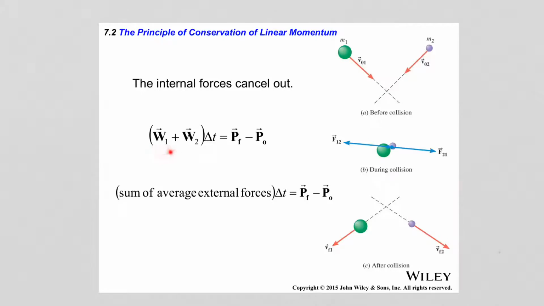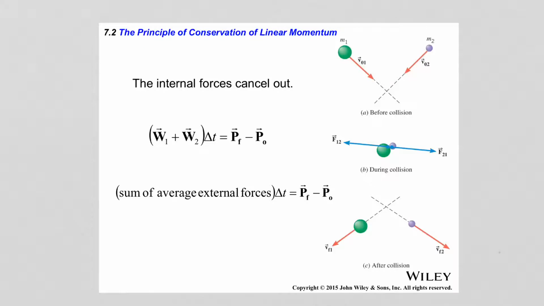The net external force times the time interval of interaction is equal to the change in momentum of the system of particles. So the impulse of the net external force is equal to the change in momentum of the system of particles.